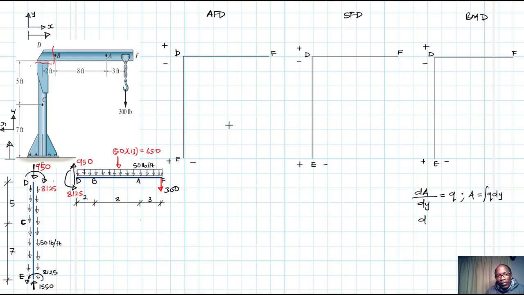And then for moments, let me just use one symbology so that we don't get confused. The change of axial force with respect to x can be any axis. In this case, it is y.